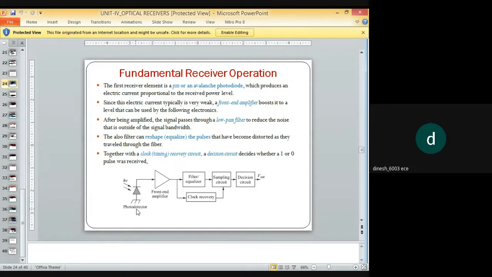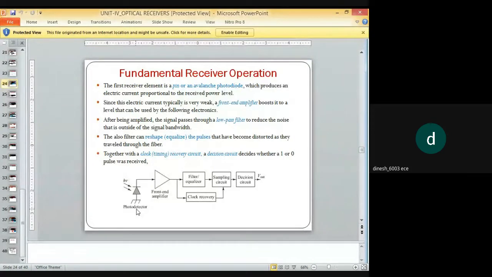The first element present is your avalanche photodiode or a pin photodiode that produces an electric current proportional to the received power level. Since this electric current typically is very weak, the front-end amplifier boosts it to a level that can be used by the following electronics. Then the signal is passed through a low-pass filter to reduce the noise outside the signal bandwidth.